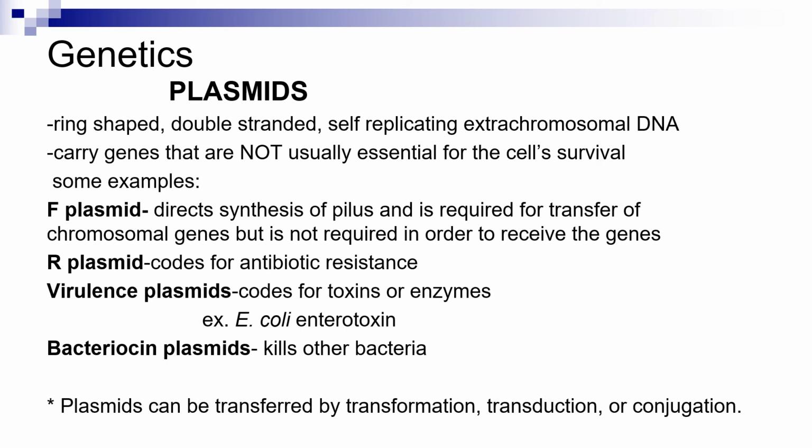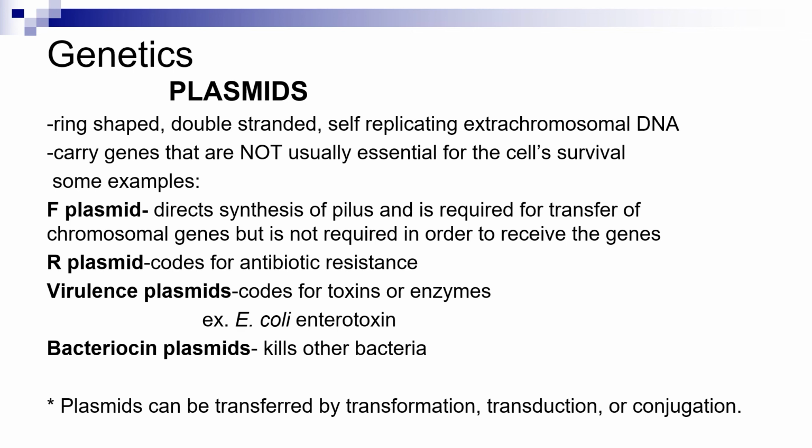An R plasmid codes for antibiotic resistance. We have virulence plasmids, and those can code for toxins or certain enzymes that give the organism a selective advantage. And then we have bacteriocin plasmids, which are kind of little buggers because they kill other bacteria.